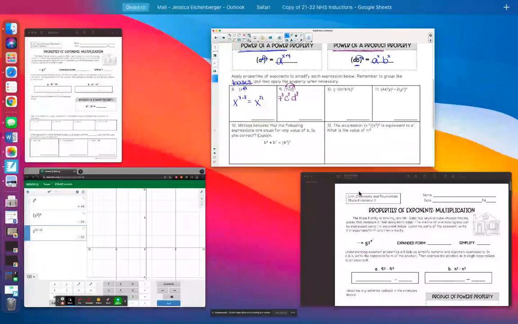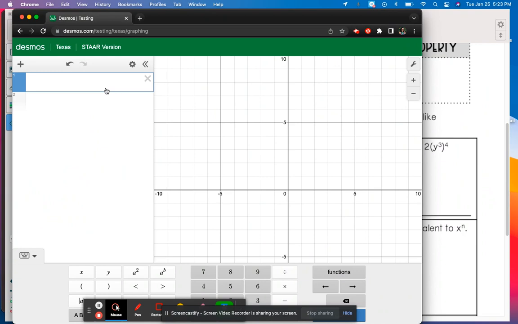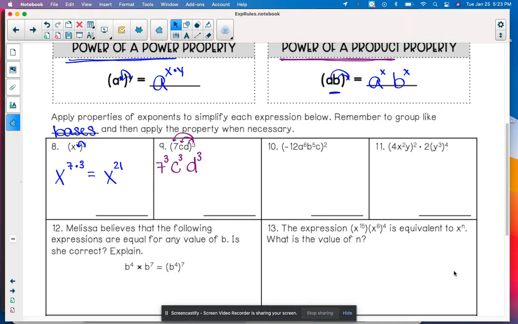And I'm going to go to Desmos. So 7 cubed is going to give us 343. Again, you type in your base, AB, exponent. So we get 343 c cubed d cubed.